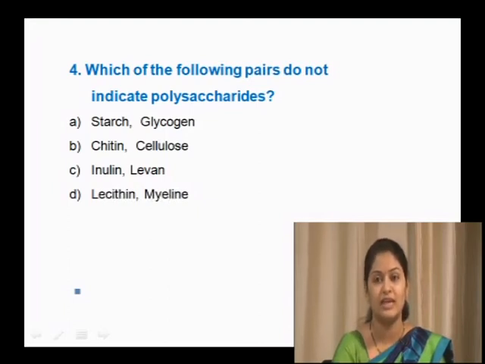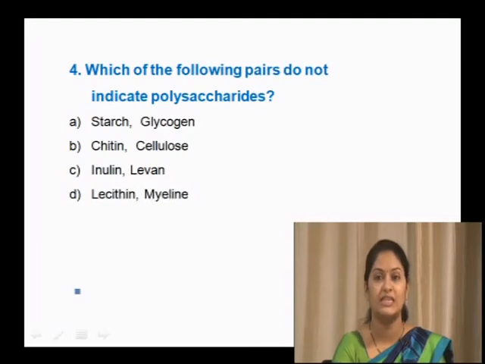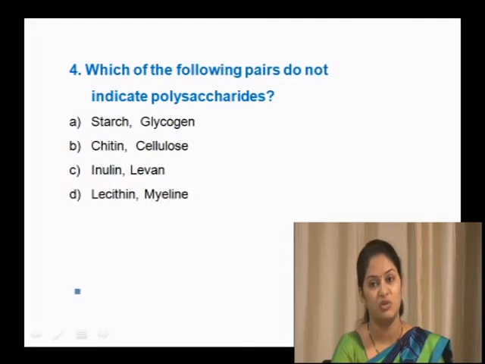So lecithin helps in building memory. Whereas myelin is the fat or lipid present in the axon of the nerve cell where it provides protection. For the fourth question, the right option is D. They are pairs of lipids, not polysaccharides.